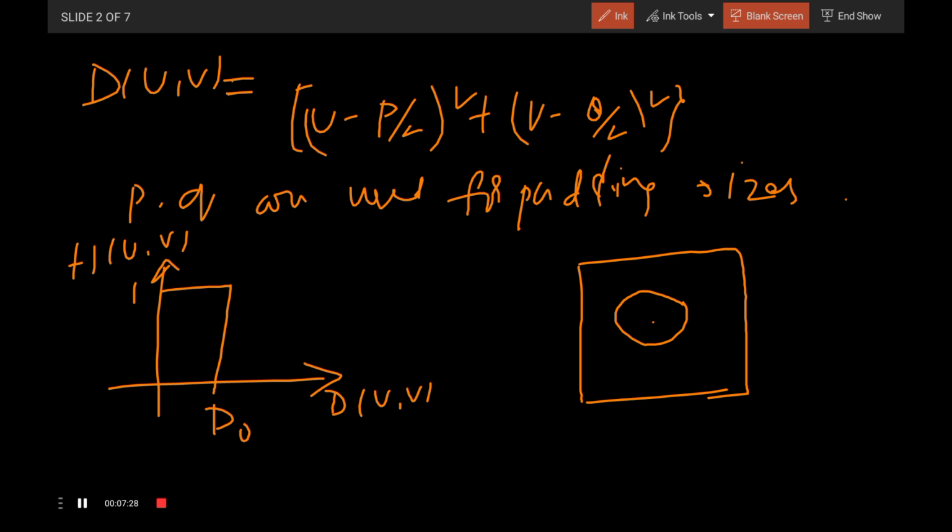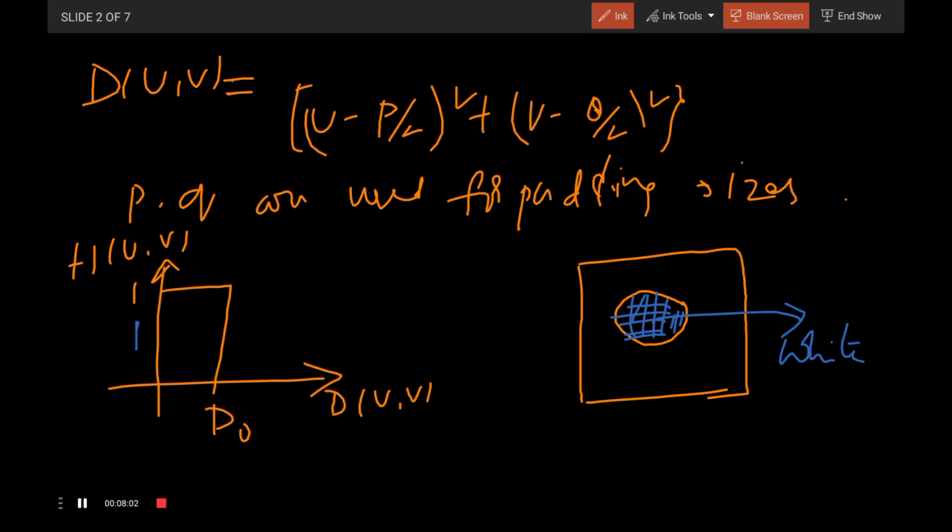From 0 to D naught, the radius, the function value is equal to 1, so this part is represented as white. The remaining surrounding area is represented as black. This is the representation of the ideal low pass filter.